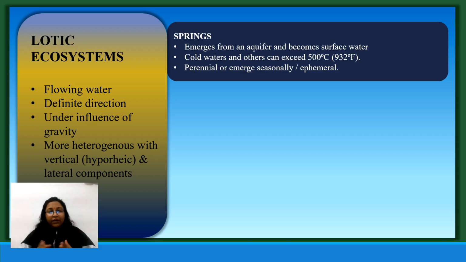Perennial means they will be present all across the year, right? And they could be seasonal or ephemeral. They'll originate during certain periods of monsoon where the water table is high enough to just ooze out in the form of surface water, right?